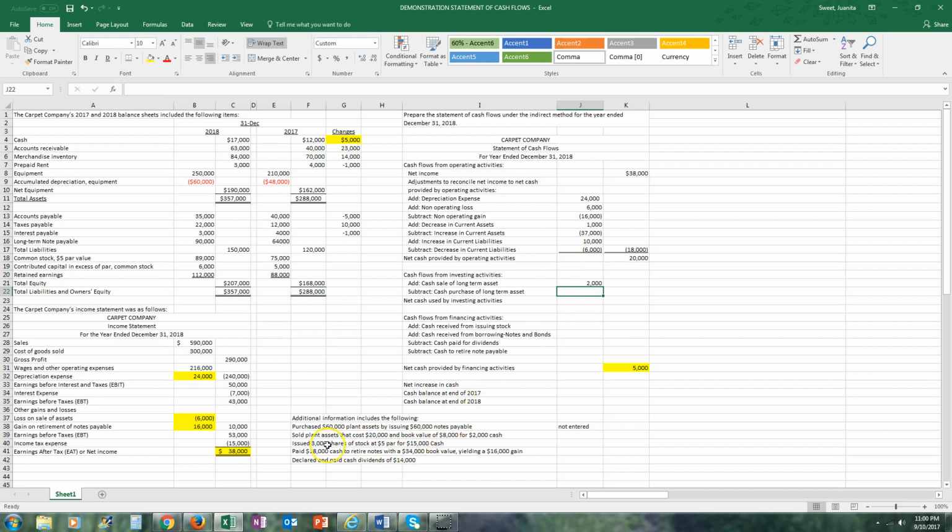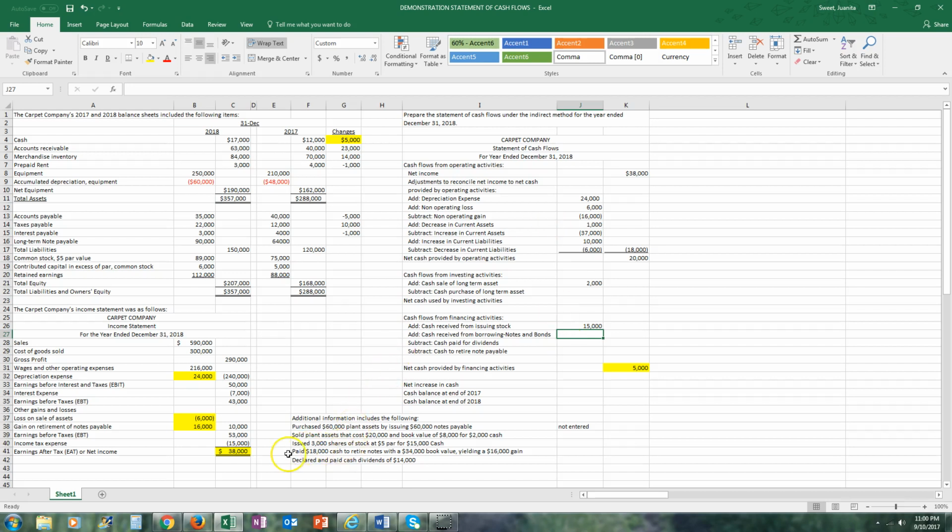Then we see that we issued cash, 3,000 shares at $5 par for $15,000. So we received cash of $15,000 in the financing section. Financing is going to deal with debt, borrowing, and equity. Investing activities will deal with long-term assets.